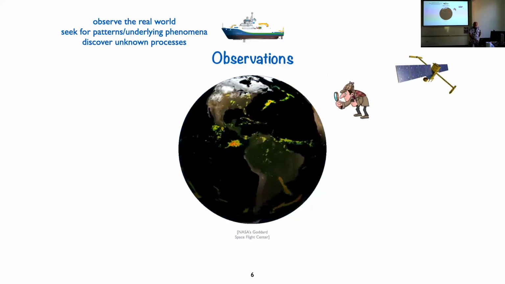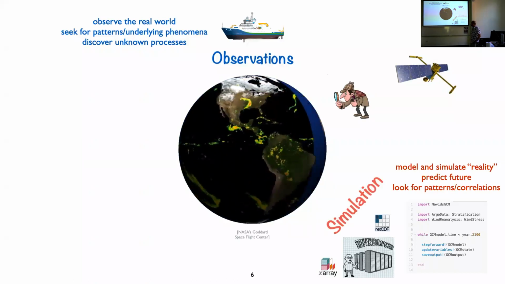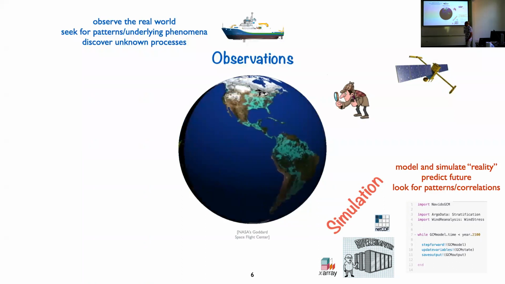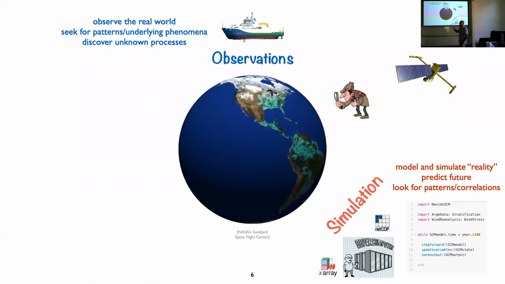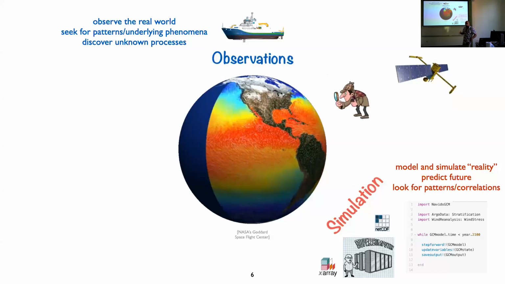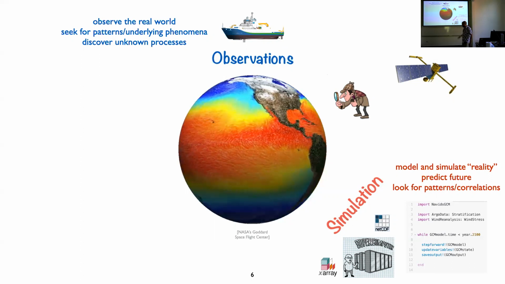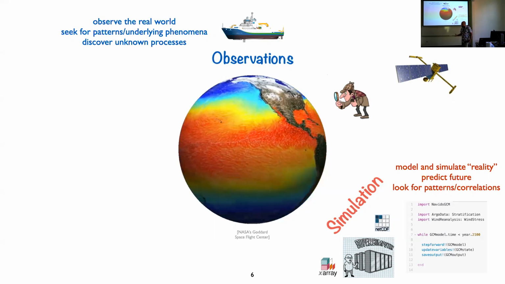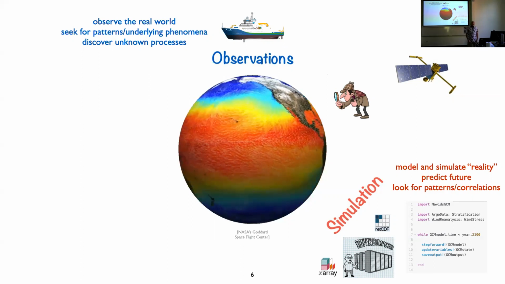We have another method. We can address problems by simulations, and we can simulate big general circulation models, simulate the whole Earth's climate, or simulate simple models. So this approach goes both ways. You can go from simple to more complex, or from complex and then go down to more simple.